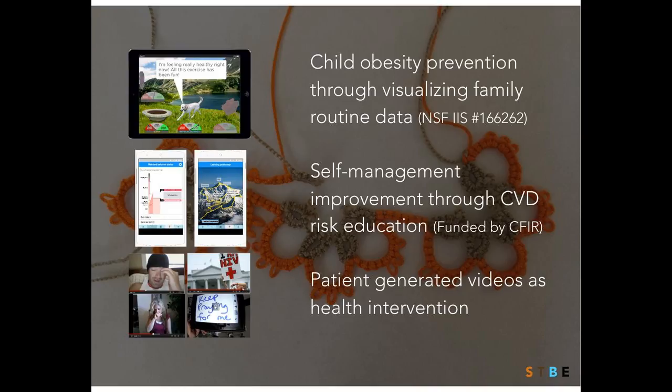This is funded by an internal grant at Michigan State University, the institution I was at before coming to UCSD. I'm also looking at patient-generated videos as a health intervention, which was just brought up by our Jacobs Medical Center, and I'm looking forward to engaging further in that project.